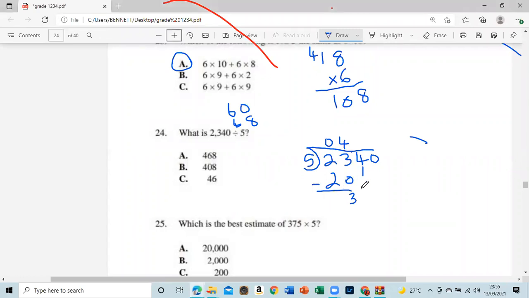So now we don't just have 3 anymore, we have 34. 5 into 34 goes 6 times. 6 times 5 is 30. Subtract again, I get 4. Carry down the 0 now.